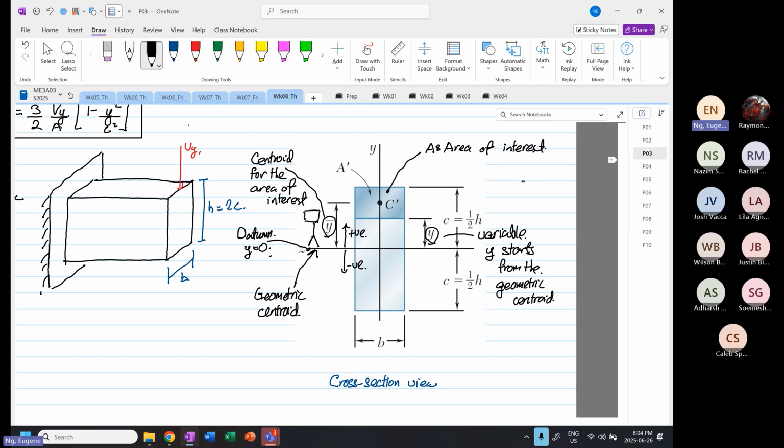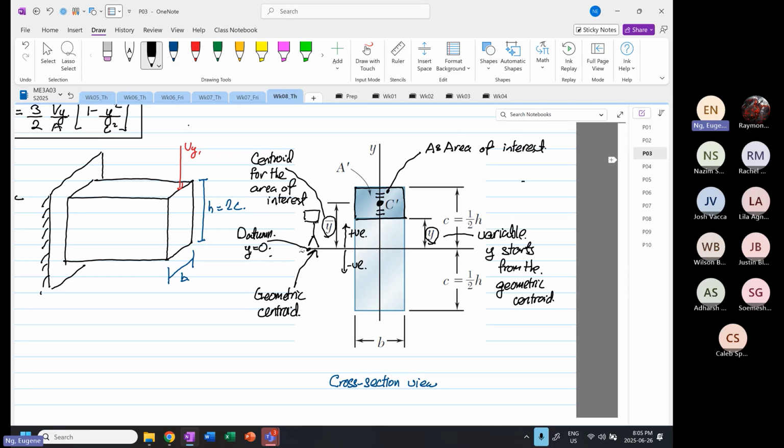So that's why it's at C prime over here, and in this shaded region, as you can see, the distance from the top and the distance from the bottom of the shaded region are the same. Okay, so that is the centroid.